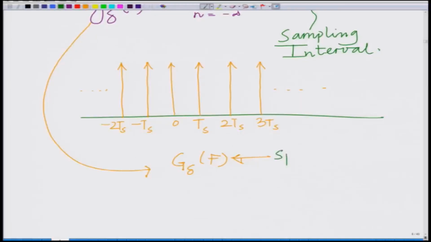We want to start with that towards eventually finding the spectrum of the sampled signal.